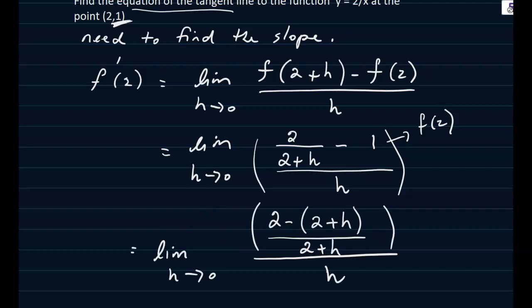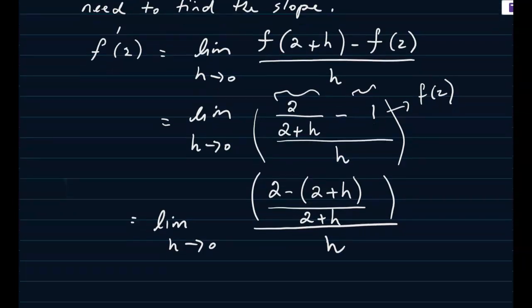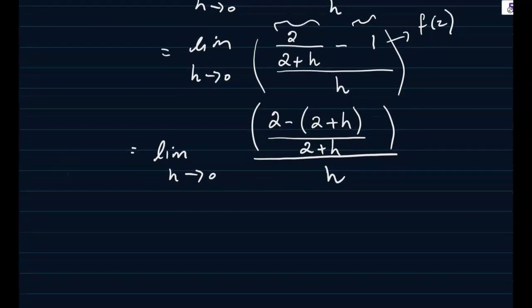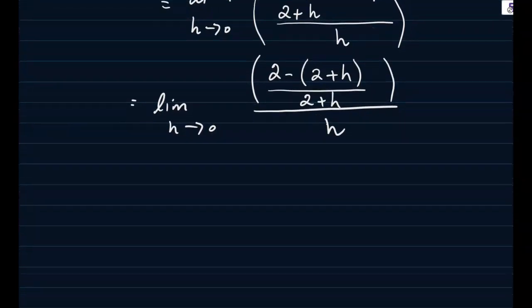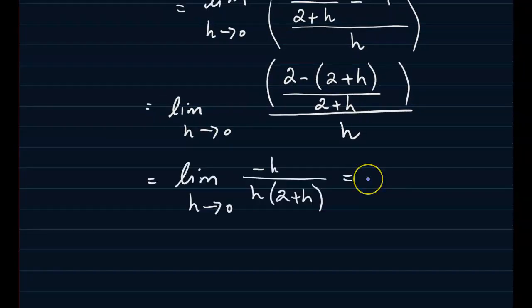This is when you manipulate 2 over 2 plus h using the lowest common denominator and then simplify, that's what you will get. And then this leads to the final statement, negative h over h times (2 plus h), when you simplify the whole thing.